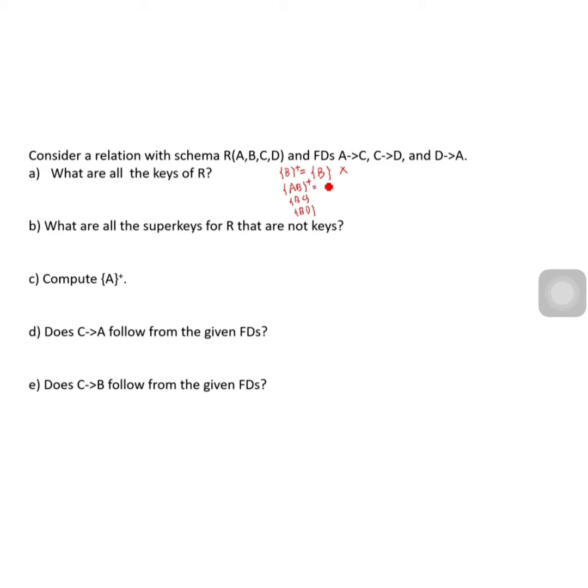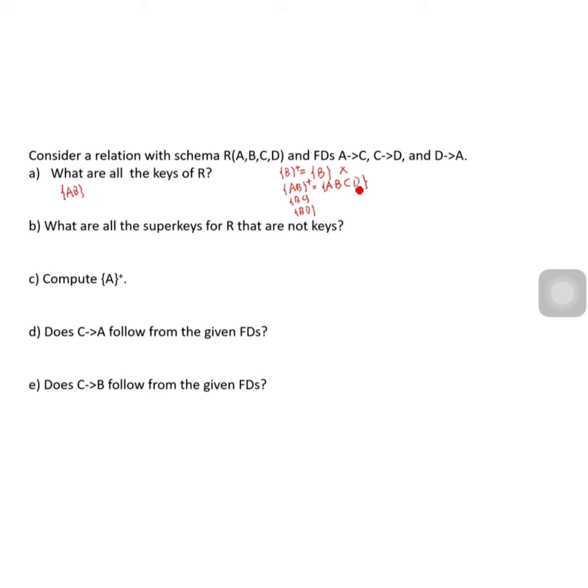Now let's compute it. AB. The basis of the closure of AB is AB. And because A functionally determines C, C is added. C functionally determines D, so D is also added. And so the closure of AB is A, B, C, D. Now we know AB is a key.